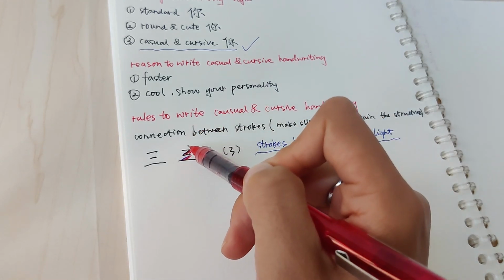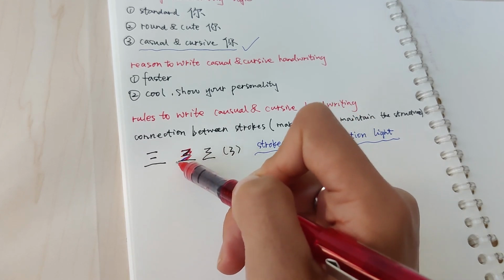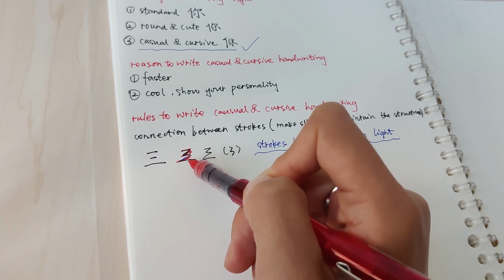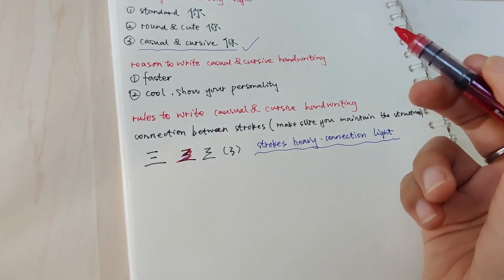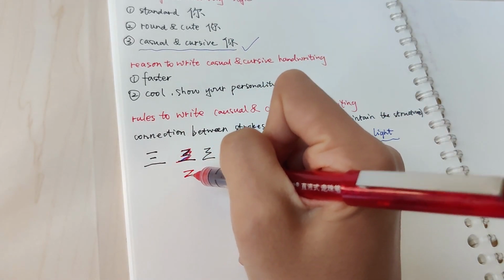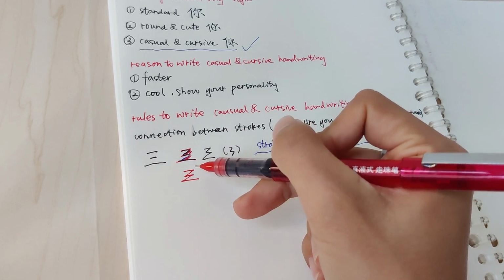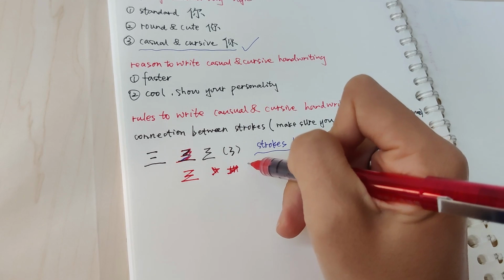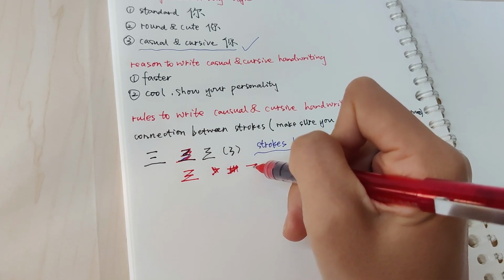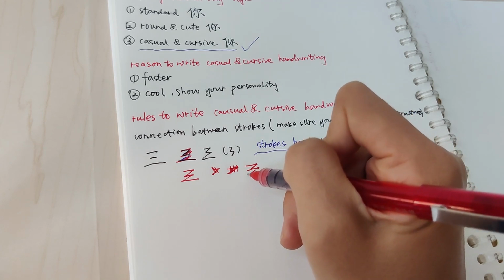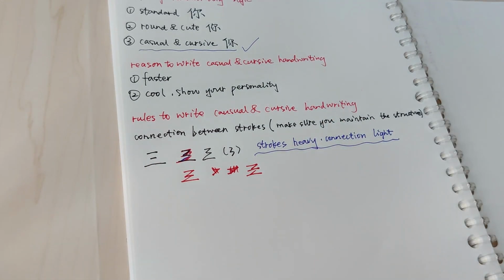So when you write the 3 strokes, they should be heavy. And as for the connection, it should be light. You cannot write it like 1, 2, 3 with all of them equally heavy. You should write it like 1, and then a bit light to here, and then again, and then light, and then here. Okay, I hope it makes sense to you.